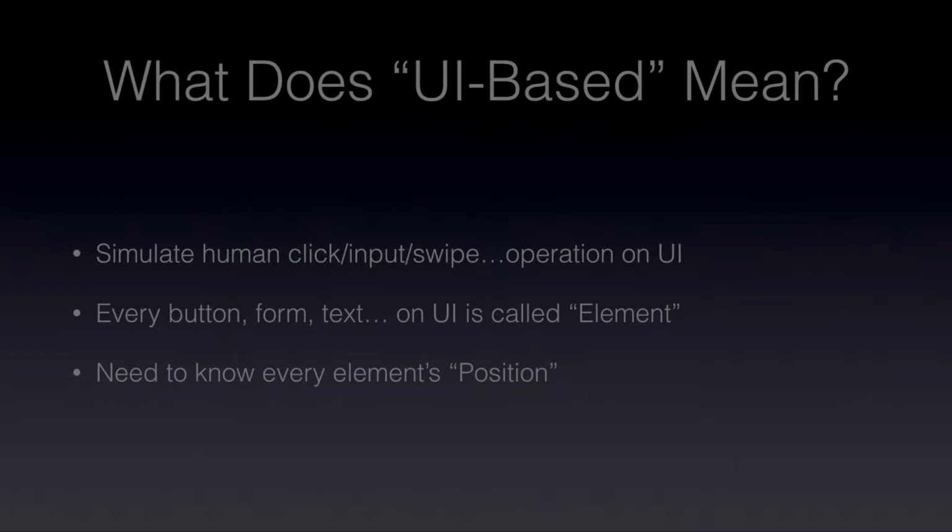It simulates the human click, input, and swipe operations on the UI. Every button, every form, and even every string of text on the UI is called an element. So when we need to operate on an element, we need to know its position.